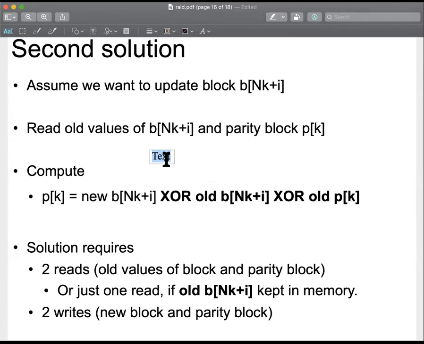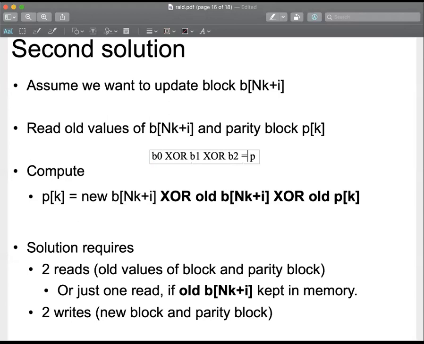In the previous example, I had B0 XOR B1 XOR B2 equal to P. So P was the parity block.